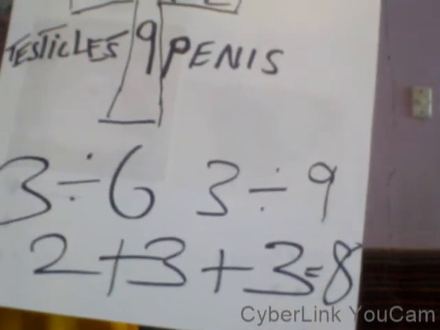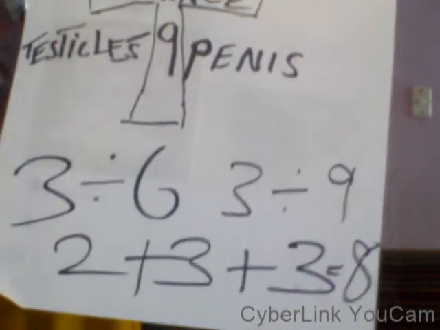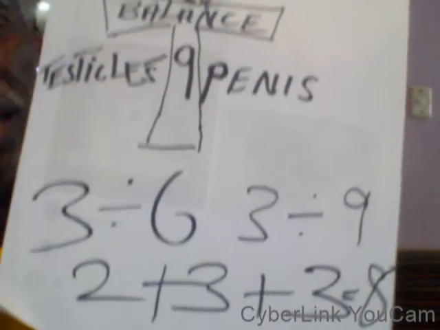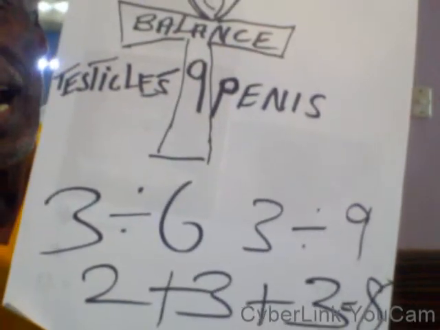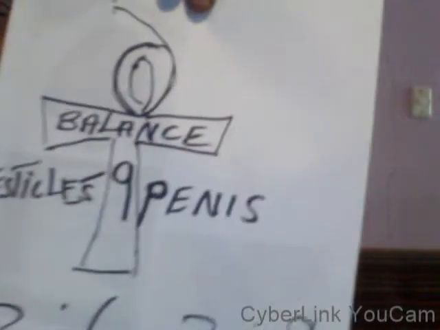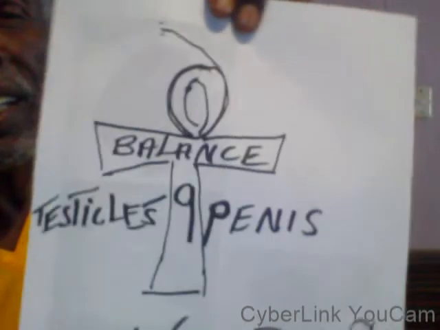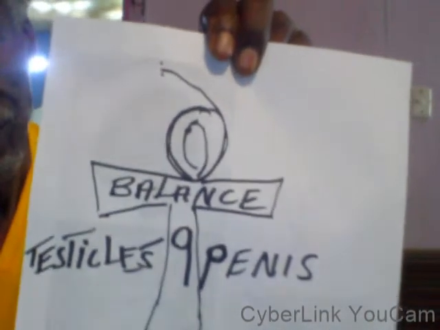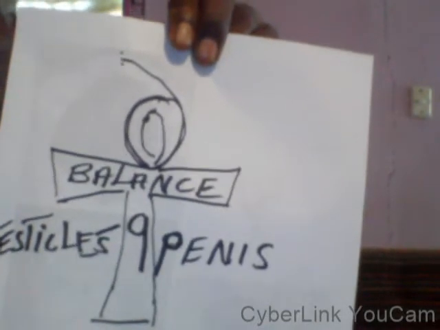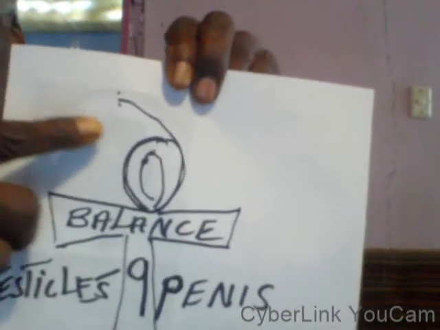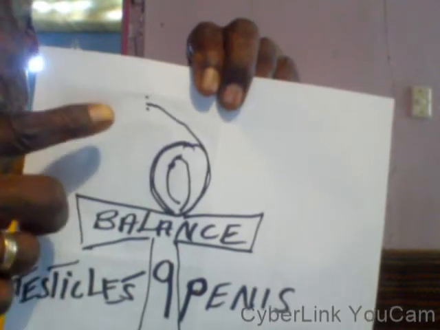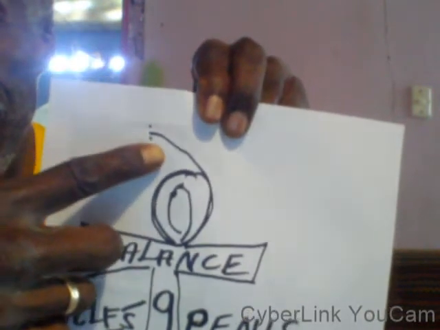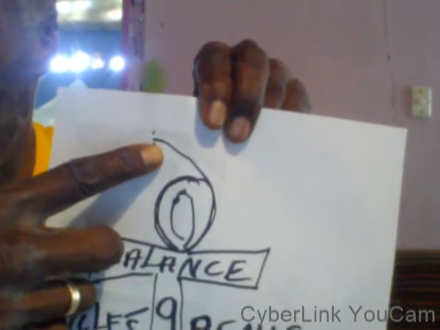As you see it down there, 3 into 6, 3 into 9, 3 into 6, 2, 3 into 9, 3, 2 plus 3, plus the 3 on top equal 8, and 8 is, as I said before, a perfect number in that all numbers come out of 8. So here you have the 6 on top, where the extension on top represents the woman here, right?